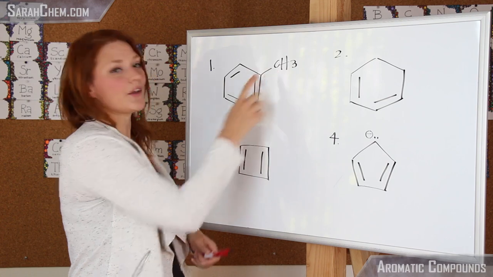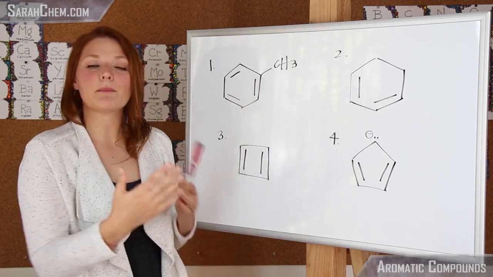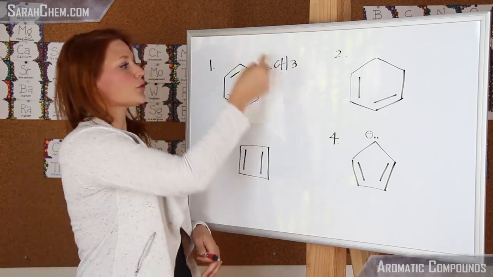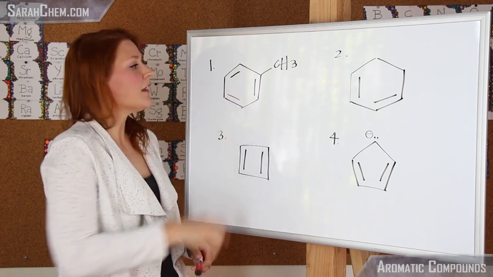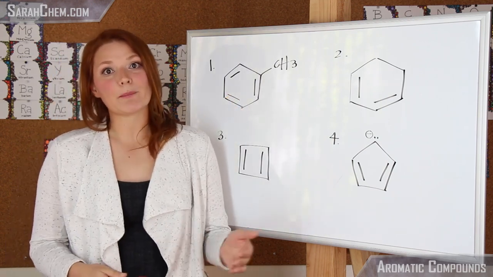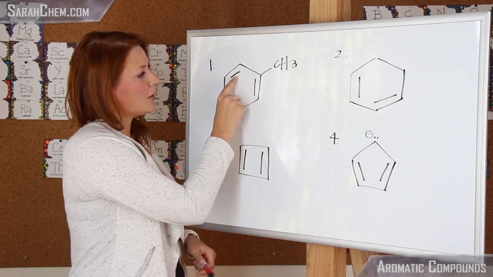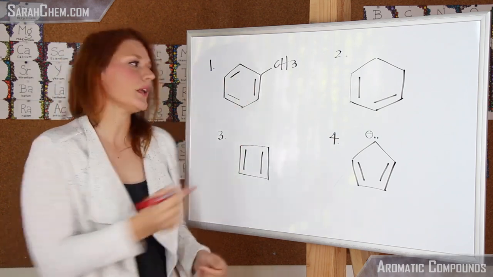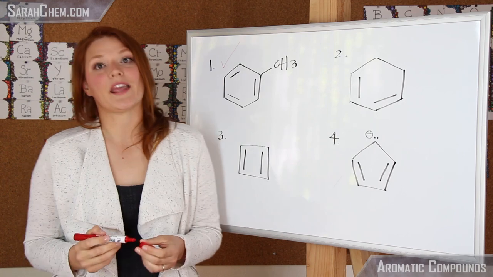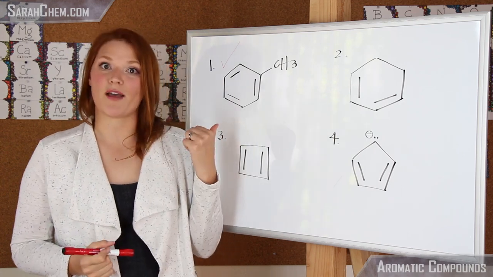Remember that this carbon here, even though it's sp3, doesn't impact our aromaticity because it's not directly part of this ring. The third rule is that we need to have an odd number of pi cloud electron pairs. So here we have 1, 2, 3. So this one meets all three criteria, so this here would be an aromatic compound, a really stable compound.